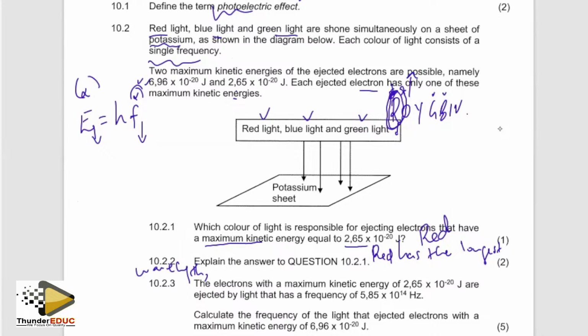And we know that kinetic energy is directly proportional to frequency. So it has the longest wavelength, thus the lower frequency. Let's use lower. It looks physics-ish. That's lower frequency. And then we're saying energy is directly proportional to frequency.